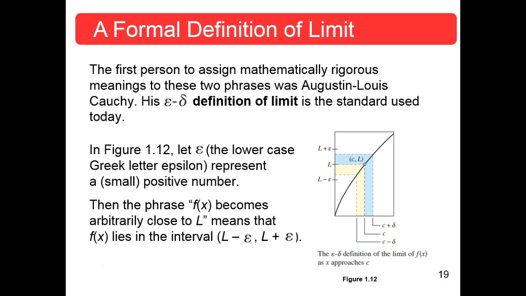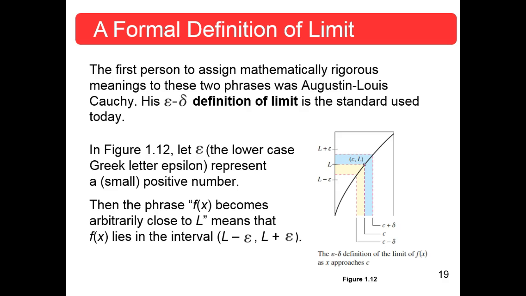Then, when you're talking about f of x becoming arbitrarily close to L, that means f of x lies in between L minus epsilon and L plus epsilon. Remember, epsilon is always positive. So if your function is going to approach L, then it's going to be something in between L minus epsilon and L plus epsilon. Okay?